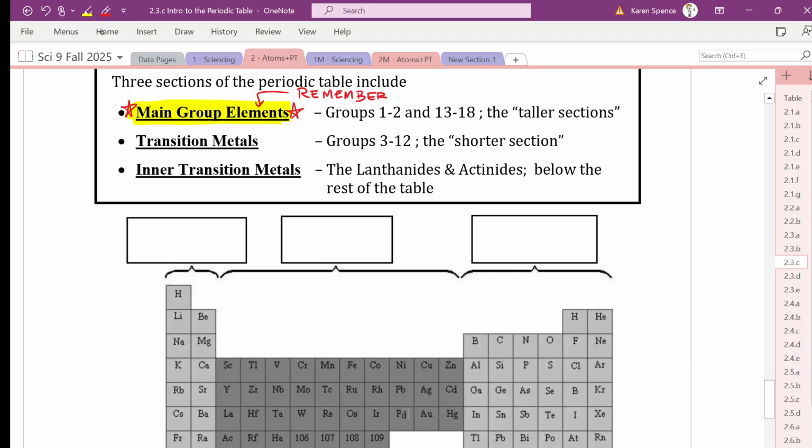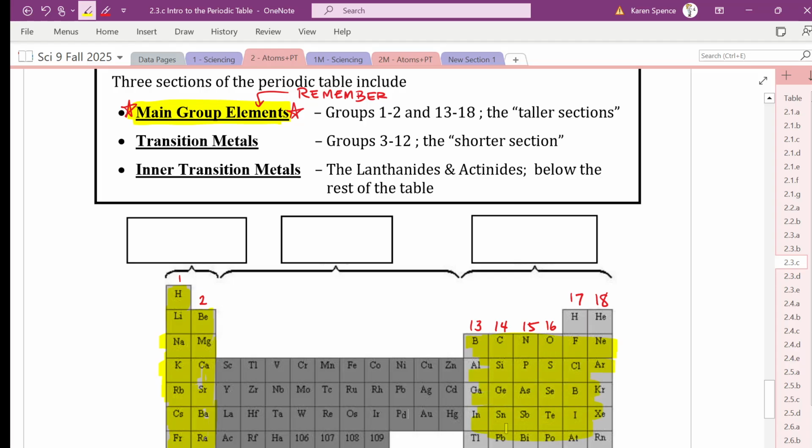The main group elements are all the ones in groups 1 and 2. And then everything 13, 14, 15, 16, 17, 18, all of those are also main group elements.